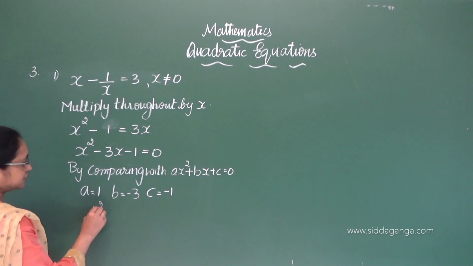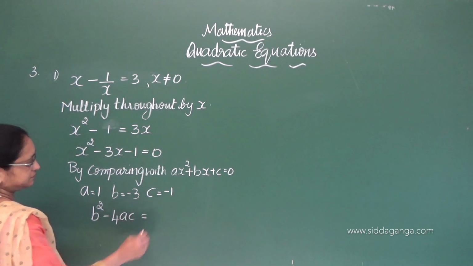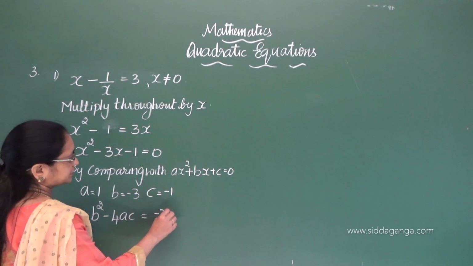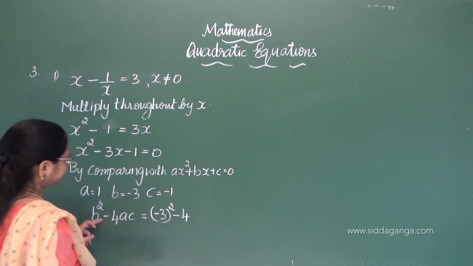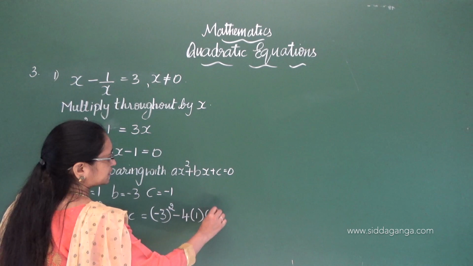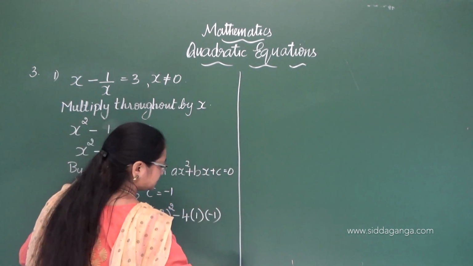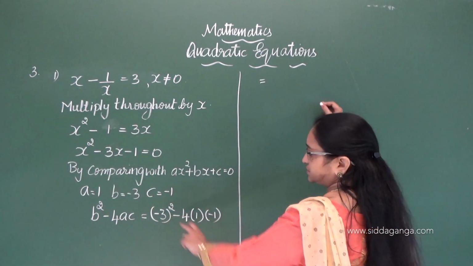Now we shall check b square minus 4ac. What is the value? Now b square is minus 3 whole square, minus of 4 into a is 1 into minus 1. Okay. Now let us see, this will be minus 3 whole square.